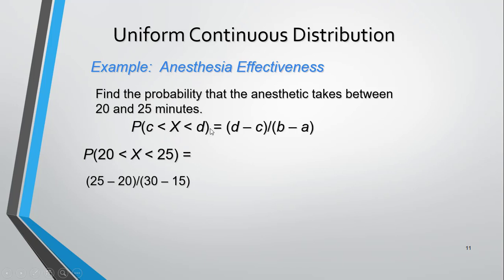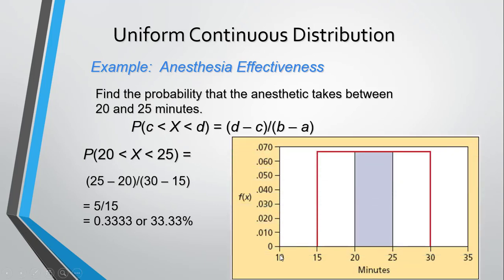C and D is 20 and 25. From the equation we have, P of X between C and D is D minus C over B minus A. So P of X between 20 and 25 will equal 25 minus 20, that's D minus C, over B minus A, 30 minus 15, or 5 over 15, or 0.33, or 33.33%. So roughly, that's 1/3, right?